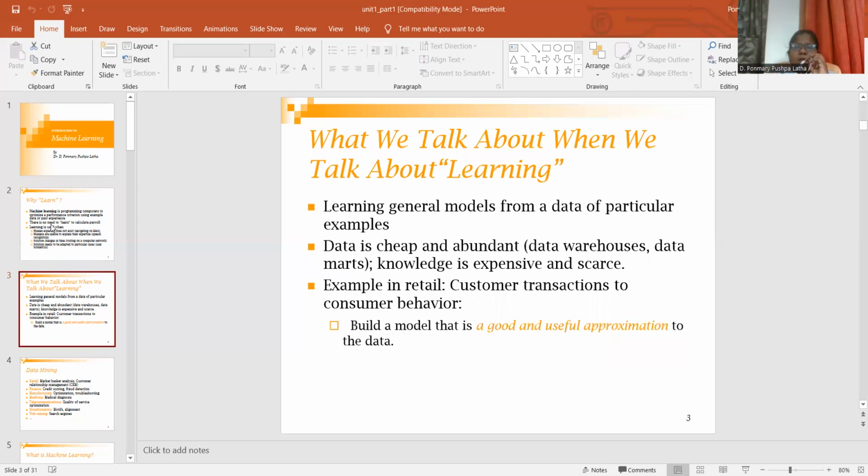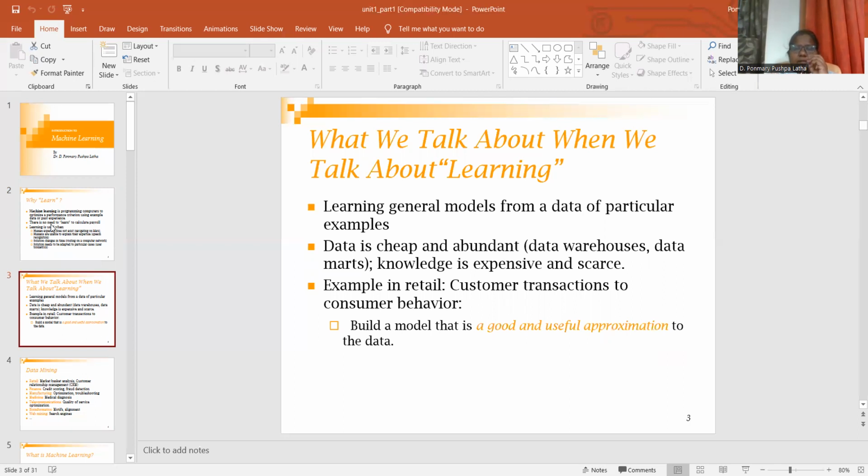What do we talk about when we talk about learning? When you learn something, you create a model. You are going to say, this is what I'm going to get, and you give a model. For example, you can find out customer behavior.